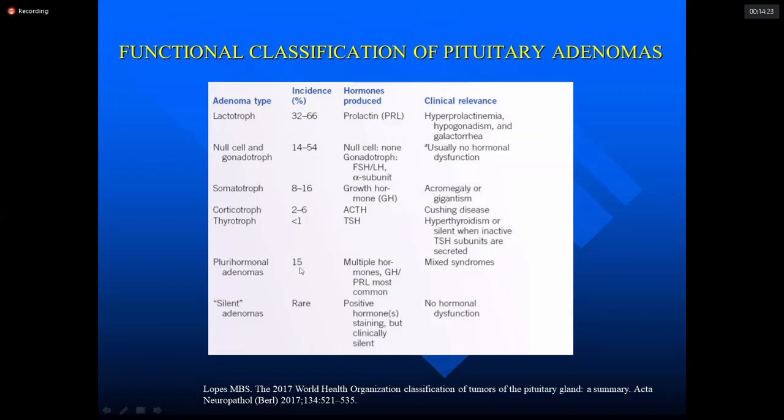It's not rare. It can actually happen that we have mixed syndromes, most commonly prolactin and growth hormone together. And rarely we have what we call a silent adenoma, that has no hormonal dysfunction.